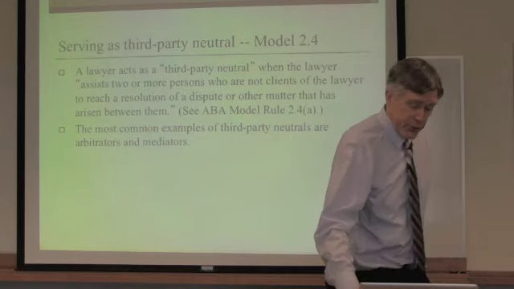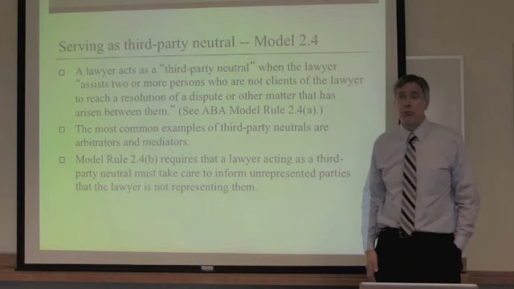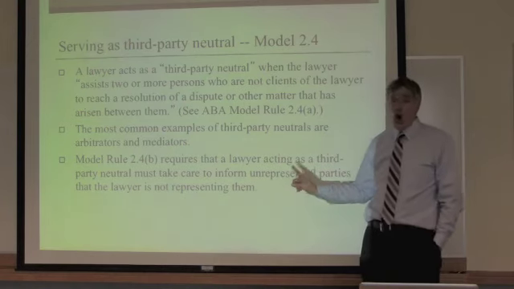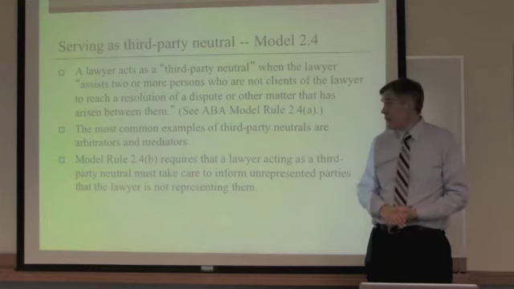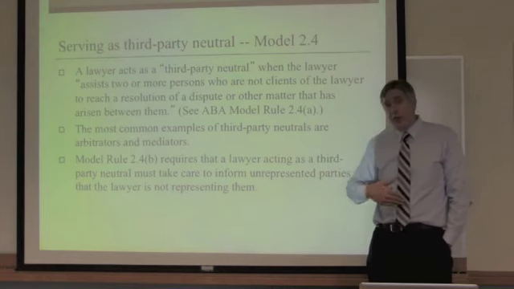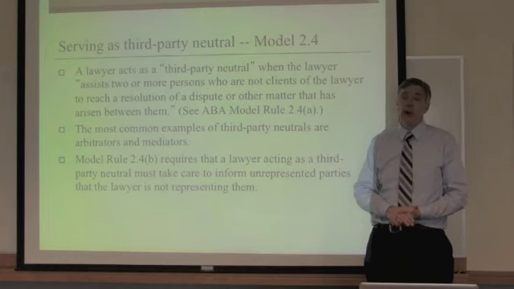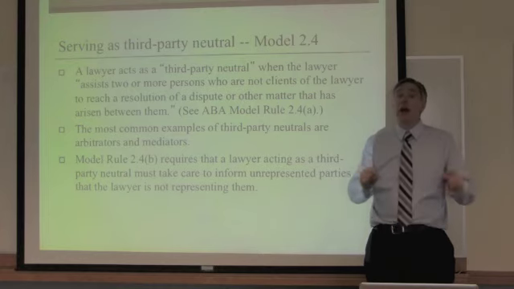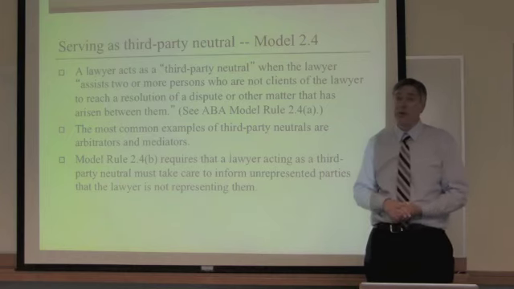But third-party neutrals would mean the people who don't have any ties to any of the parties that appear before them. So all this rule says now is that a lawyer who is acting as a third-party neutral must take care to make sure that everyone who appears before him or her understands that our lawyer is only acting as a third-party neutral and is not the lawyer, the conventional partisan lawyer for that particular person, right?